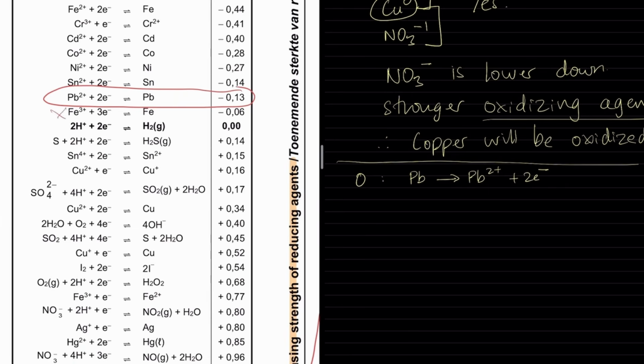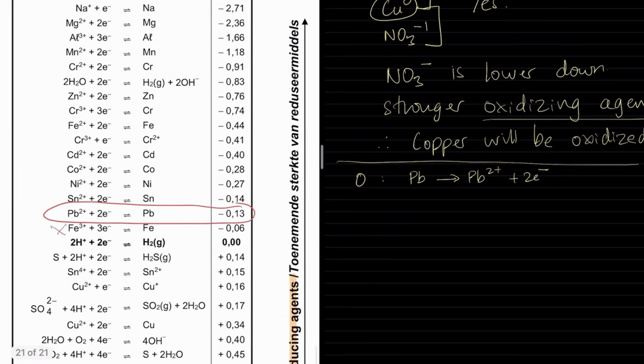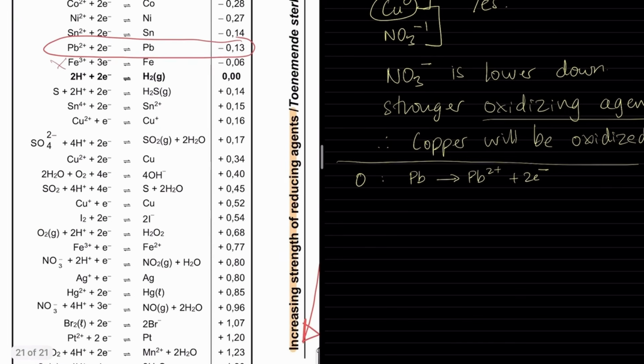So that's not it. Fe3 plus, where is it? Here we go. Now, since this is reduction, we're going to write it from left to right. So reduction is going to be Fe3 plus plus 1 electron, giving me Fe2 plus.